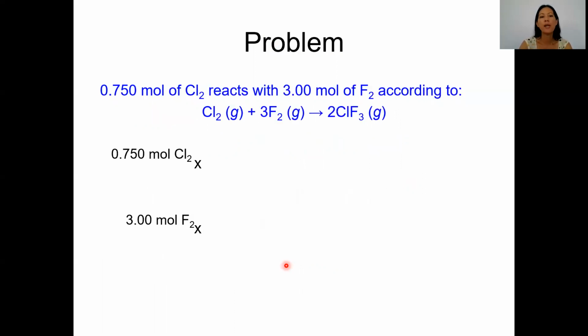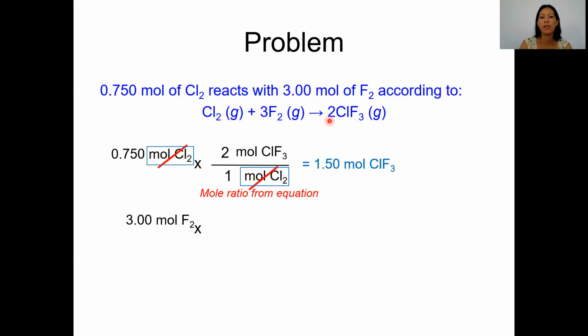So to find the limiting reactant, take each of the reactants individually and find out how much product can be made. So using the amount of chlorine, go chlorine to chlorine trifluoride, and that's a 1 to 2 mole ratio from the equation. I put the chlorine on the bottom to cancel, and I get 1.5 moles of chlorine trifluoride.